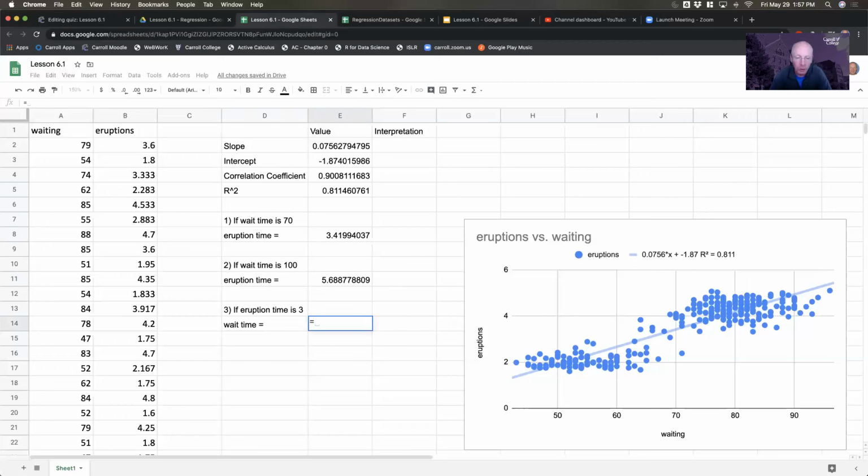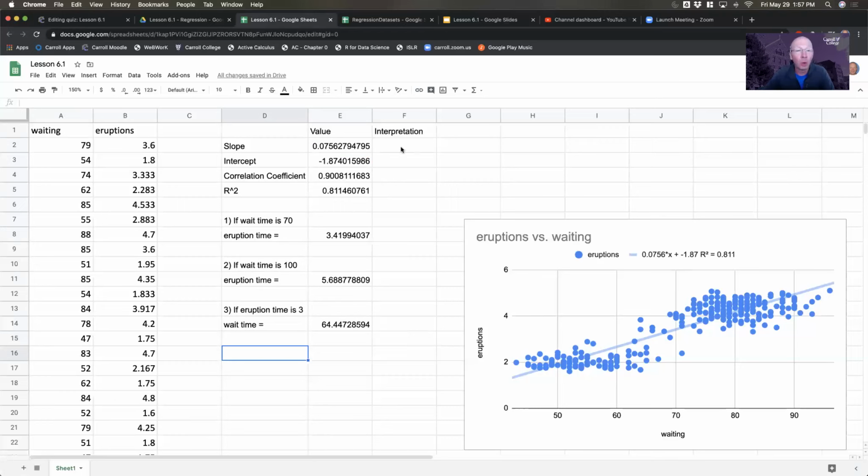So it's my eruption time minus my intercept. I'm doing the algebra here: subtracting over the intercept, divide by my slope. And I got something right around 65. Don't let the negative sign here fool you. It's this plus that I'm undoing by doing a minus, and this multiplication I'm undoing by doing a division.